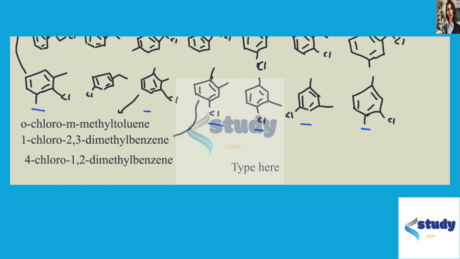So we have the 1,2-dimethyl, and then we have this one, which has actually both of these names, and now we're on this one. So let's actually start with this last one here.